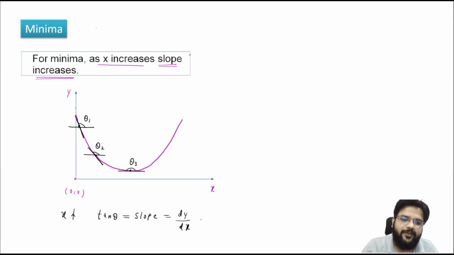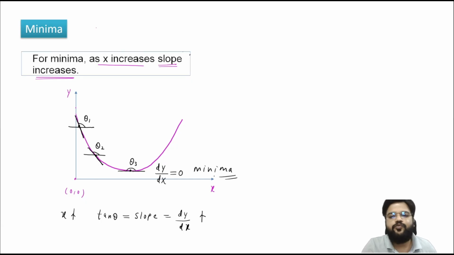So if x is increasing, then the slope is increasing, correct? And at the third point, what is the slope, everyone? dy by dx is 0. The slope is 0 here, everyone. So here the slope is 0, and minima is forming, correct? So for the minima, we have two conditions, everyone.